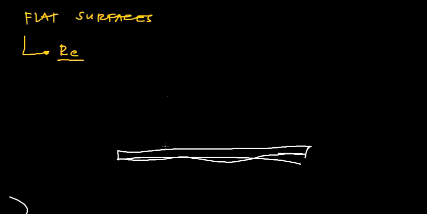The fluid approaches this plate from the x direction. Say this is our x-axis. So the fluid will approach this flat surface going in the x direction, having the uniform upstream velocity and temperature of the fluid.